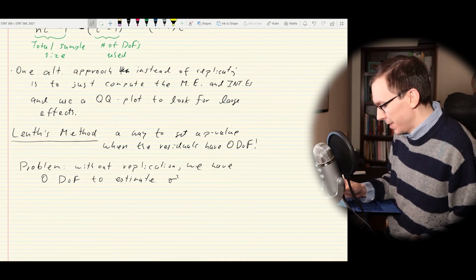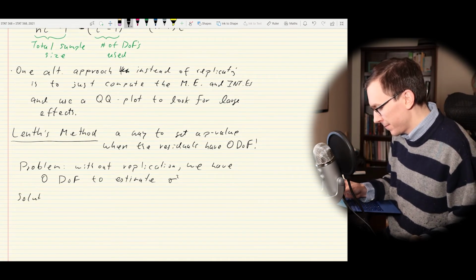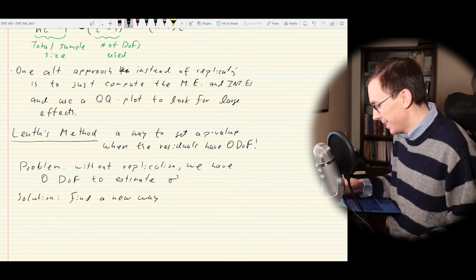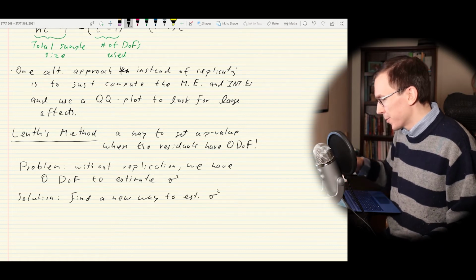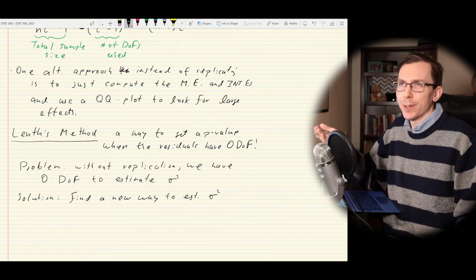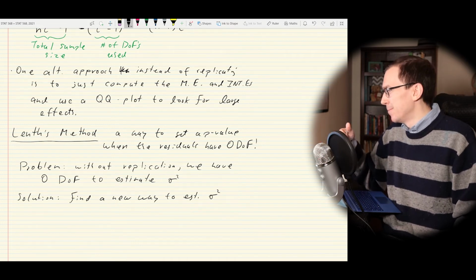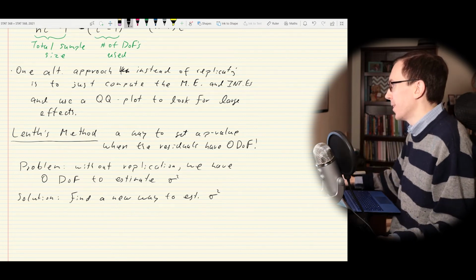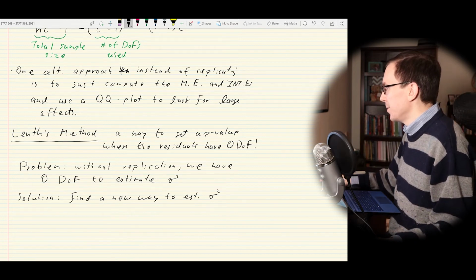So the solution is to find a new way to estimate sigma squared, or in this case, the square root of it, which would be the standard deviation, or in that case, the standard error is what we're trying to come up with, a new standard error.